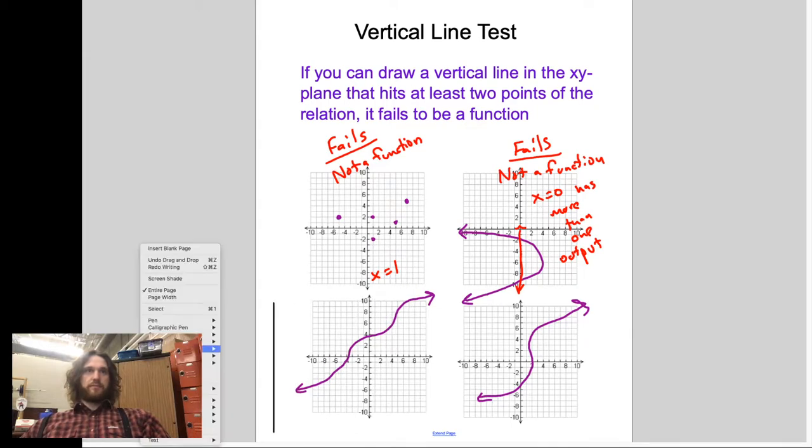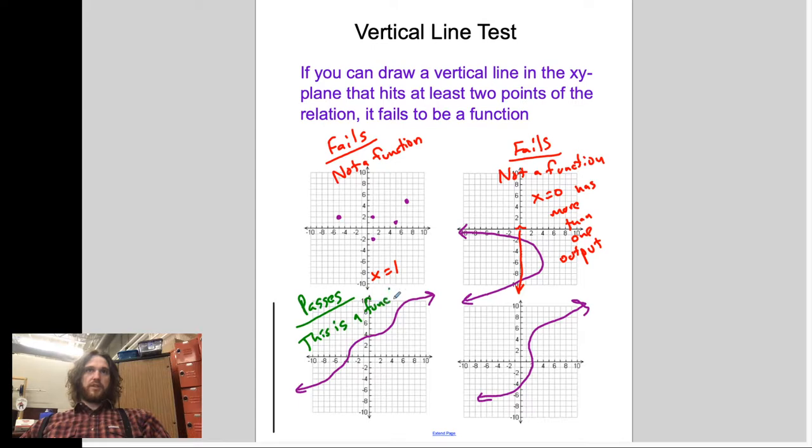That means, based on our definition, this passes the vertical line test. So this is a function. Okay, it's a function because it passes the vertical line test, or you could also say every input has exactly one output. Each input has exactly one output.